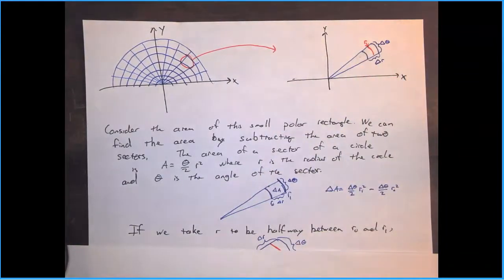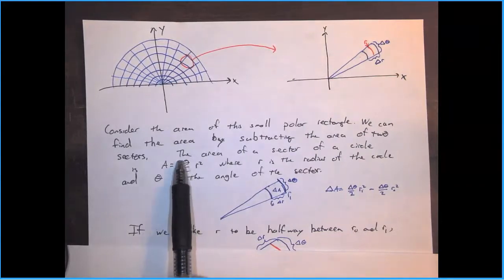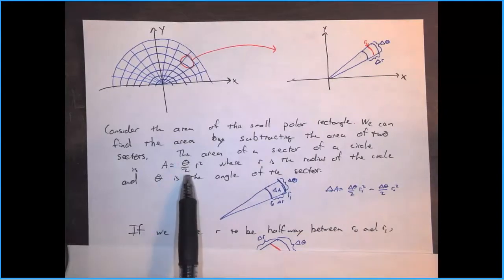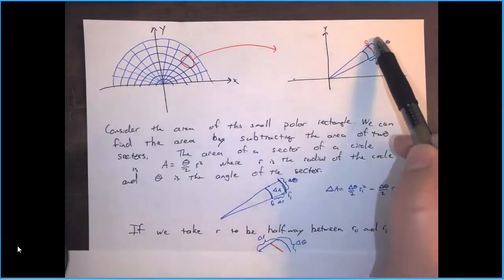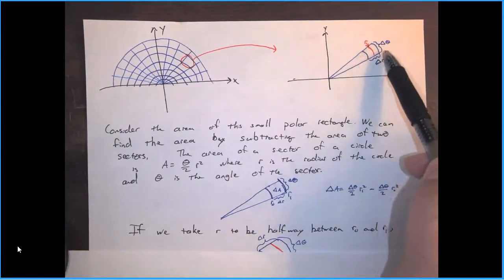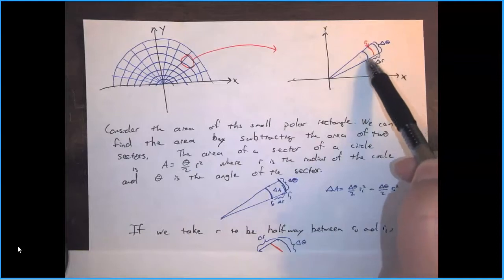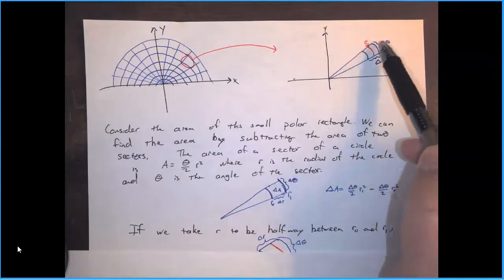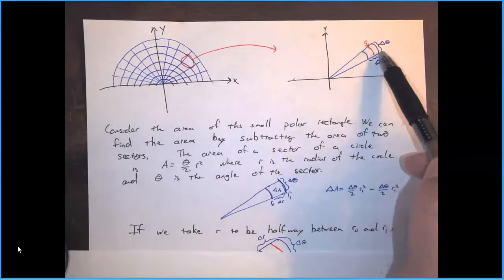So I need to know the formula for area of a sector. It's theta over 2 r squared, where r is the radius of my sector and theta is the angle in between where I start and stop my sector. So for this sector, the difference between my angles inside this sector I'm calling delta theta, and I actually have 2 different sectors, so I'm going to need some way of describing these 2 radii.